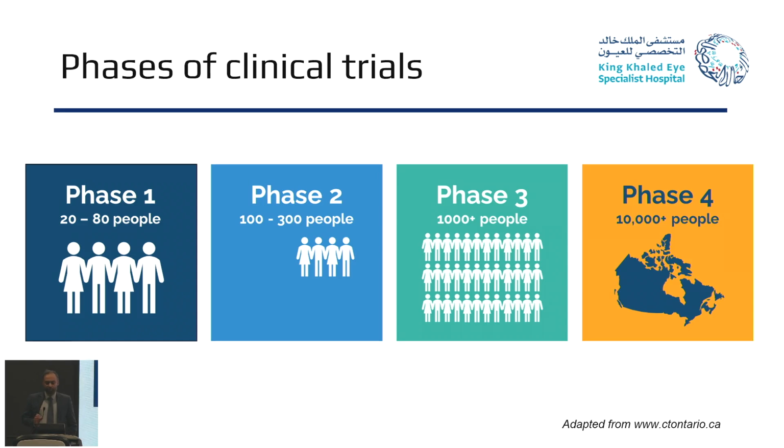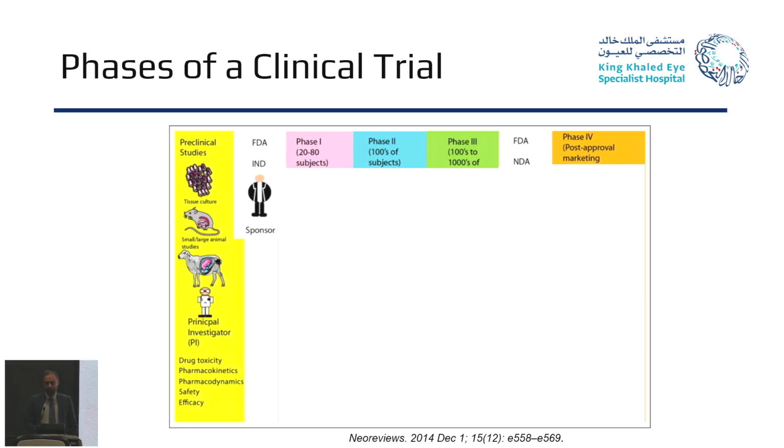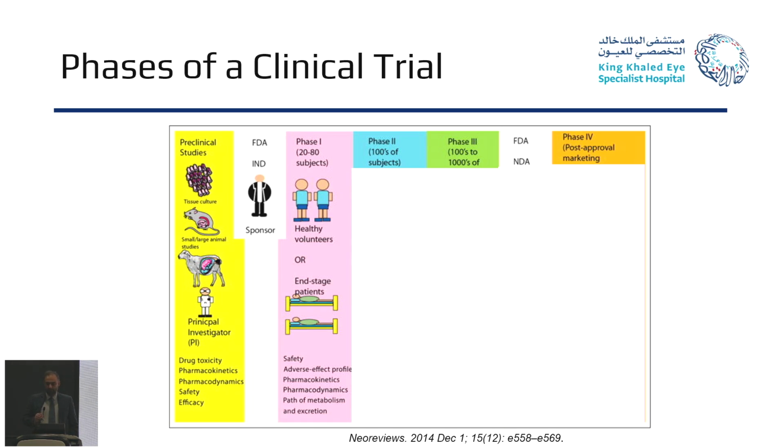Now, in terms of drug development, device development, the different phases of clinical trials are usually characterized in terms of 4 phases. And these are characterized according to the type of the study and also the number of people involved in the study. So preclinical trials usually involve animals before the drug is tested on humans. Phase 1 trials involve healthy volunteers of about 20 to 80 subjects to test safety and pharmacodynamics.